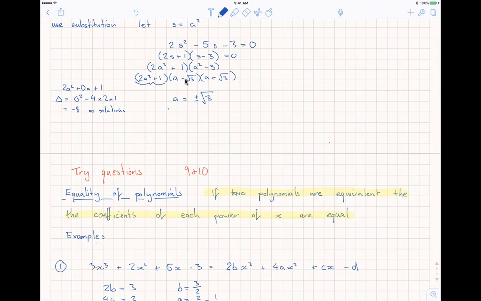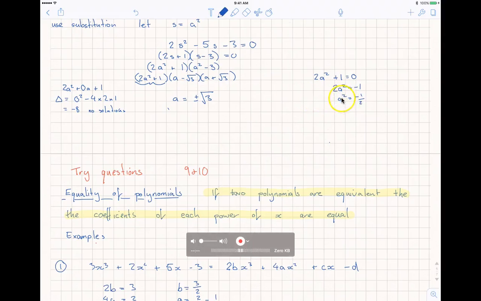We could have done that slightly differently with this expression here. We could have used the null factor law and let that equal 0, taken the 1 over the other side, divided by 2, and then recognized that there's nothing here that we can square that could give a negative number. So there's no real solution there.